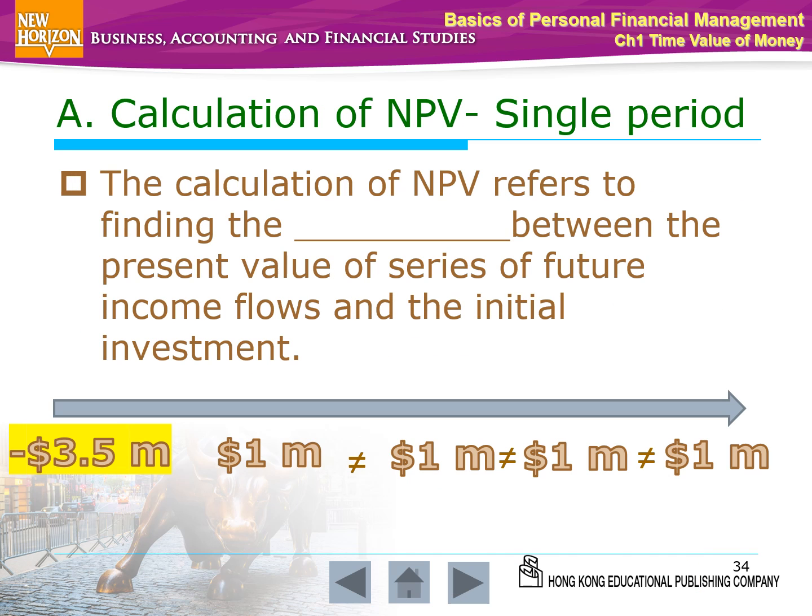Look at this. The calculation of net present value refers to finding the difference between the present value of a series of future income flows and initial investment. Say, for example, if the initial investment of the tunnel, very cheap, is 3.5 million.